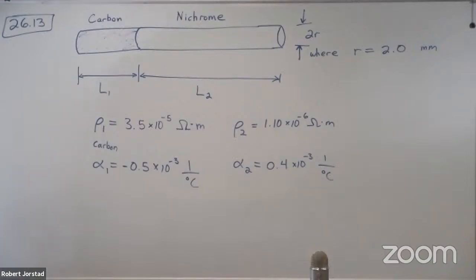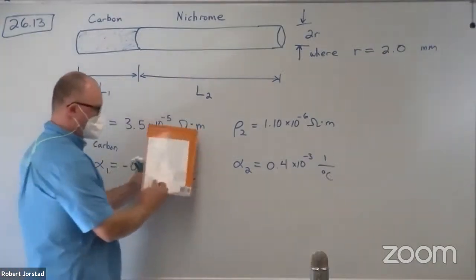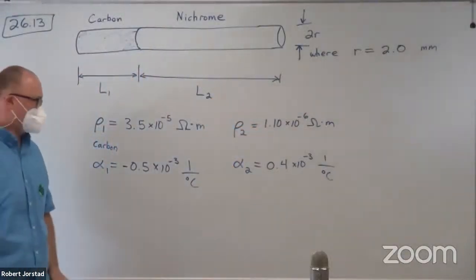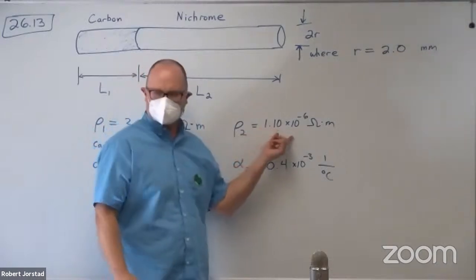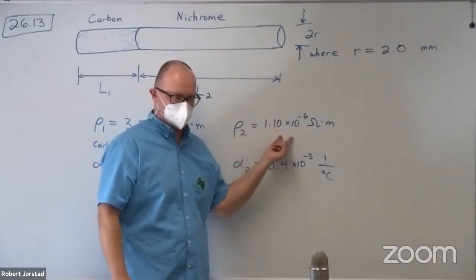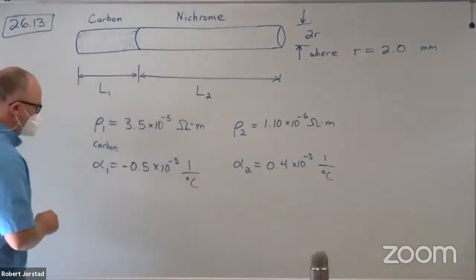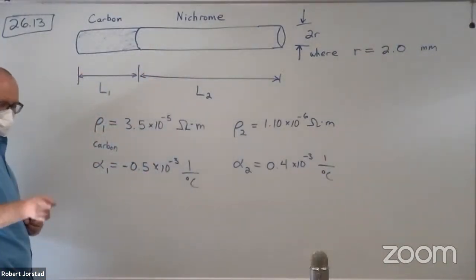Or are you looking at the table on the back? No, I was looking at 26.13. It turns out nichrome in particular, there are many different types of nichrome, as we'll learn in lab tomorrow. So more on that tomorrow. All right, good enough for now? You good? Yeah.